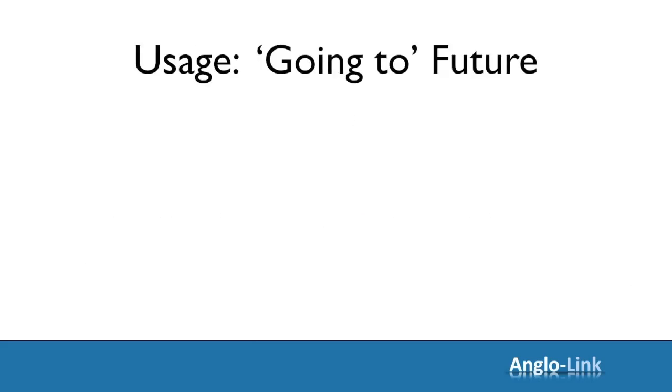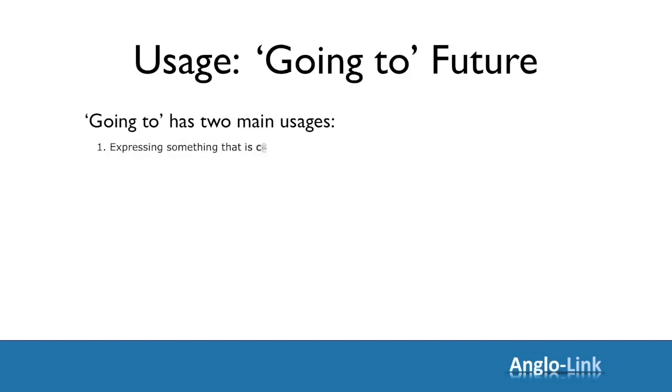Now, let's look at the usage of the going to future. Again, there are two main usages. The first one is to indicate some form of certainty for the future, something that's certain to happen. Let's look at some examples. Look at those black clouds.